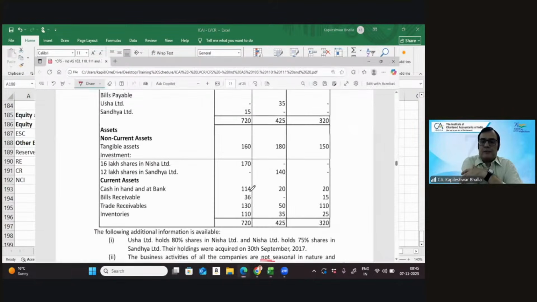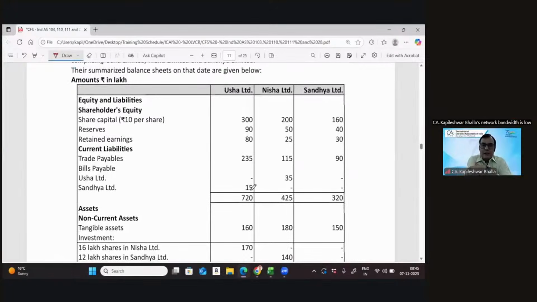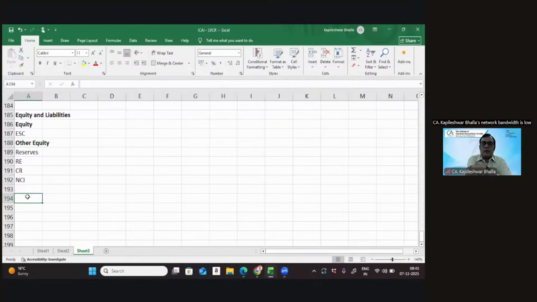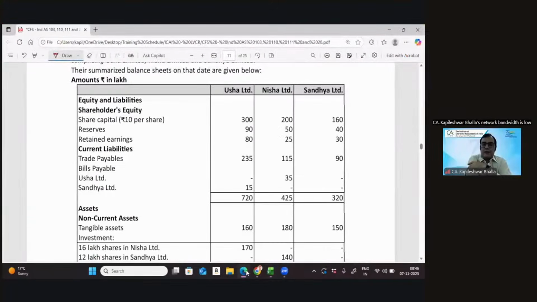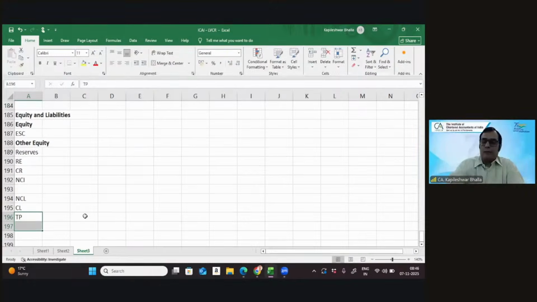They've taken the sum total. And then on the liabilities, there are no non-current liabilities given. So non-current liabilities are not there. Then we're given the current liabilities: trade payables, bills payable, and some intercompany owings.